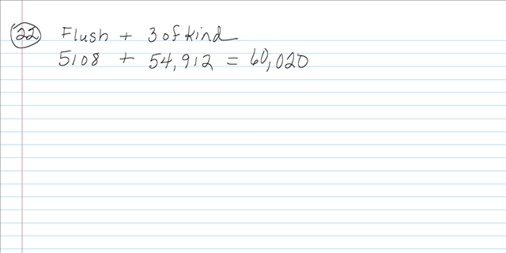Okay, and that's out of, they gave us the total number of poker hands at the bottom of the table, 2,598,960. Okay, so divided by 2,598,960.